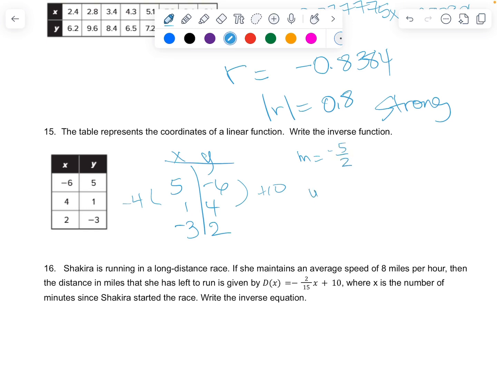If I picked a point, y minus 4 equals negative 5 over 2, x minus 1. So y minus 4 equals negative 5 over 2x plus 5 over 2. Add 4. That's the same thing as 8 over 2. So my inverse function would be negative 5 over 2x plus 13 over 2.